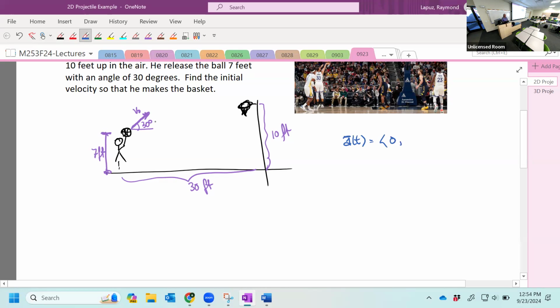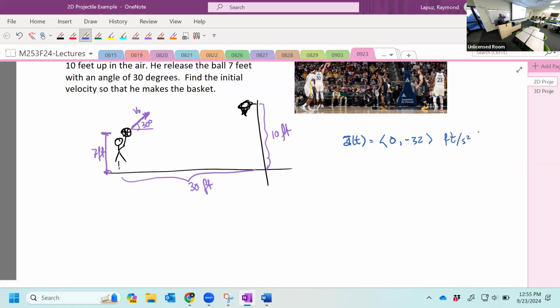And then the gravity is pulling down, and again, it's in feet, negative 32. And then we can label this if you want with the appropriate units. And then we work from here.